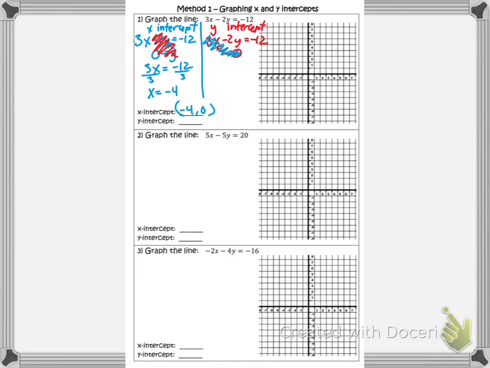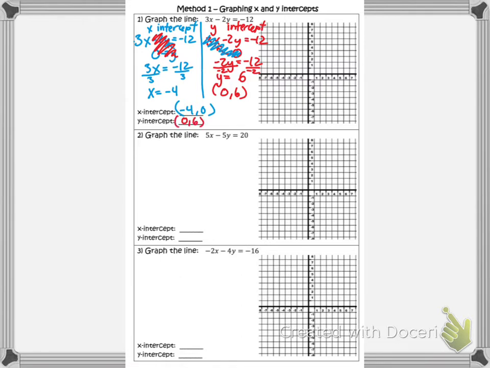And I will be left with negative 2y is equal to negative 12. Y is equal to positive 6 after dividing both sides by negative 2. So my y-intercept is at 0, comma 6.